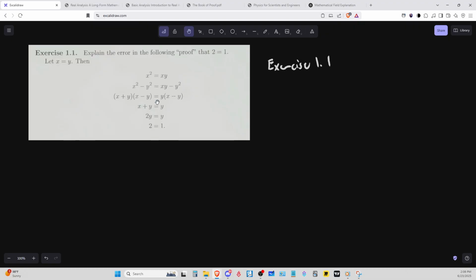Okay, so I think this one was a little challenging. I had to really look at it. The algebra makes sense, but then I thought, oh wait, it said let x be equal to y, so let's see if we can use that.